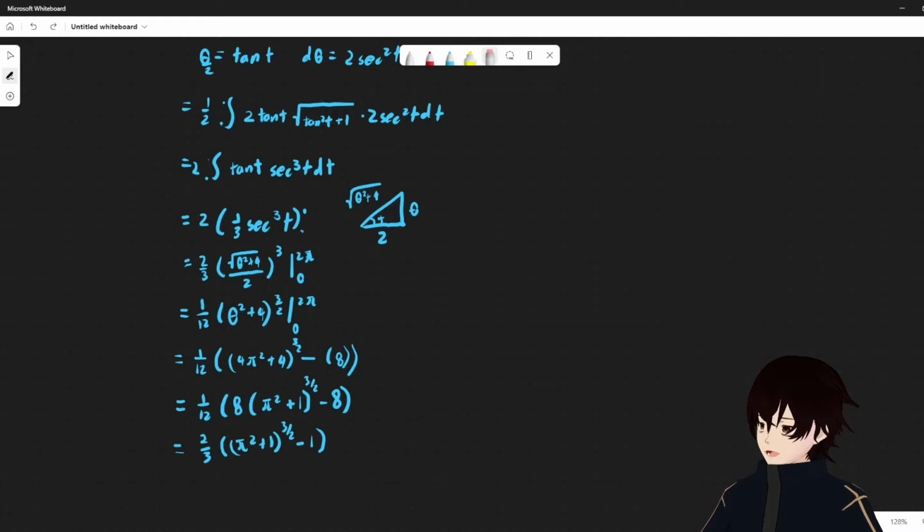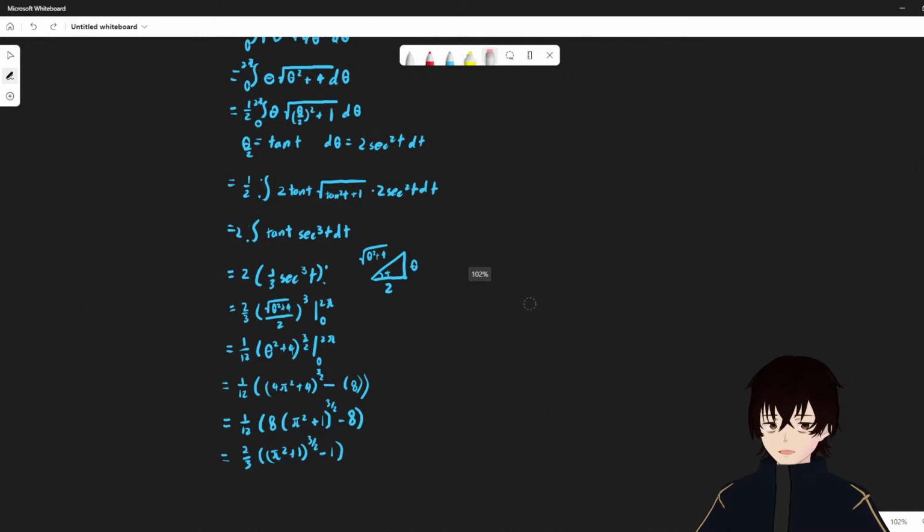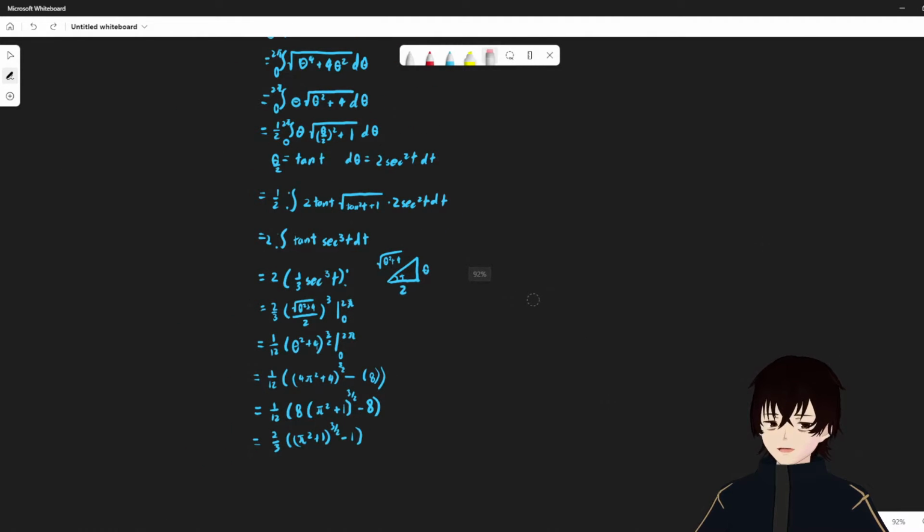It seems like I have done the integration wrong at one point. Wait, we didn't have to do trig sub. Trig sub wasn't needed here. There's a different way to do it.